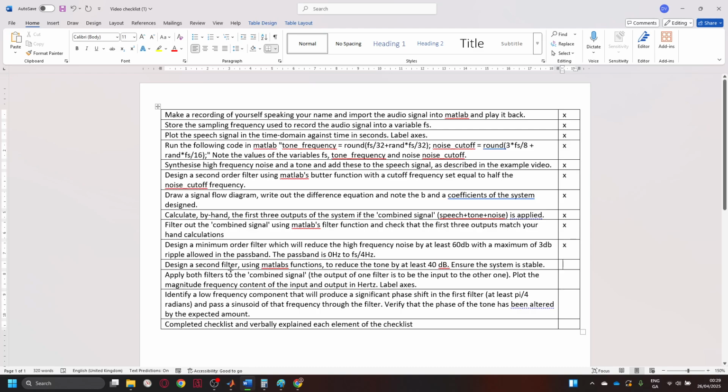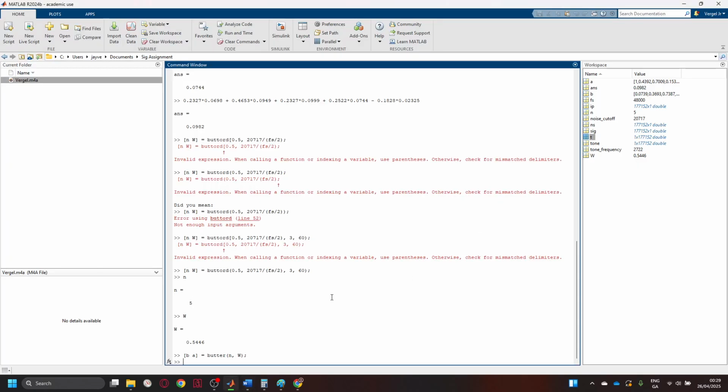So next is to design a second filter using a MATLAB function, this one is 40 dB. We're going to make a stop band filter. And since B and A are already used, we're going to say B1 and A1.